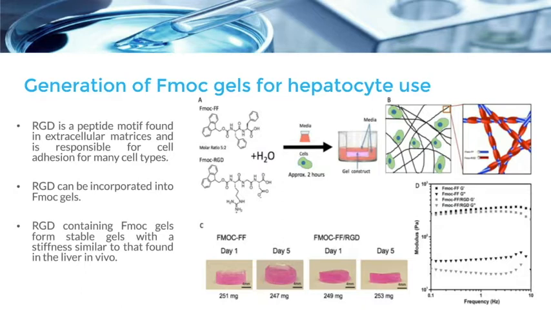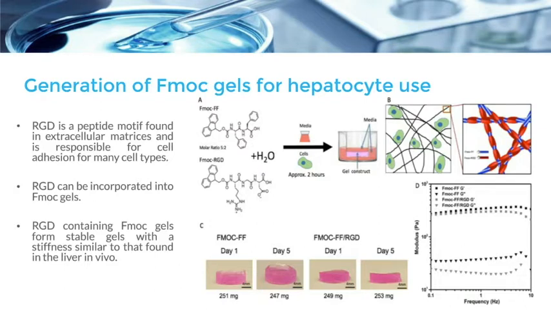One of the advantages that attracted us to these peptide hydrogels was, one, that we can easily functionalize these gels with peptide motifs that are found in vivo in the liver, specifically RGD, and this peptide can be easily incorporated into these hydrogels.